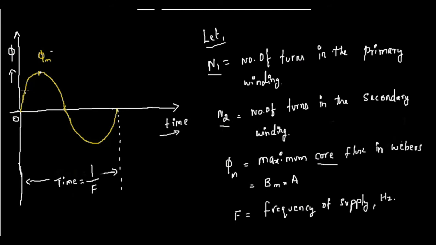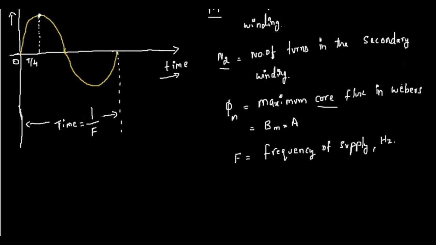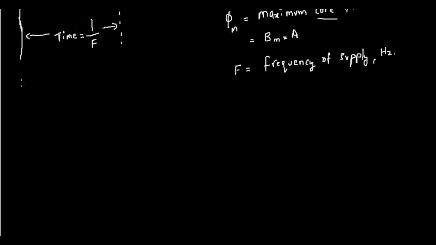So the flux takes only T by 4 of the time. That means it takes only a quarter of the time to reach maximum. The full wave takes T seconds, but the flux takes T by 4 seconds to reach the maximum. There are 4 quarters, so it deals with only T by 4 of the second.